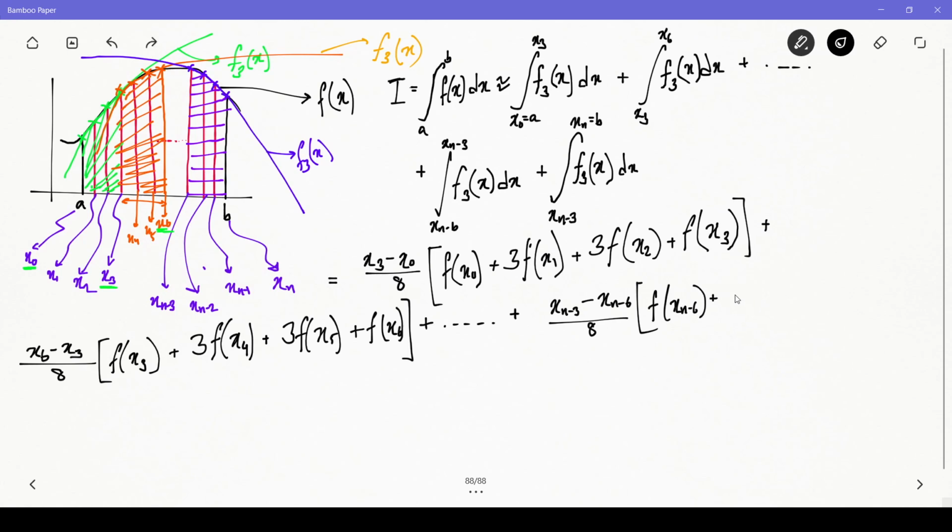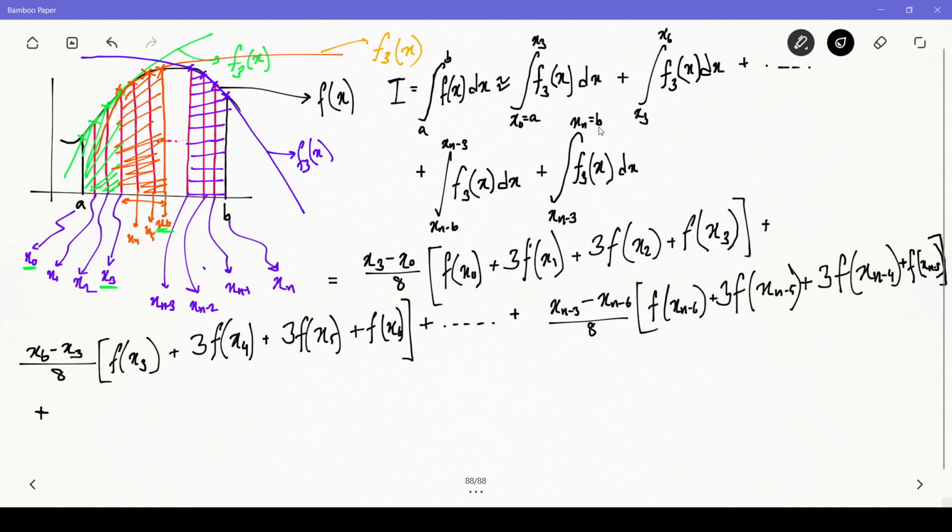So this will be multiplied by 3, my bad. 3 times f of xn minus 5 plus 3 times f of xn minus 4 plus f of xn minus 3, right? So I'm starving for space here. Okay, fine. So now that we have the second last term, let's write the final term over here.